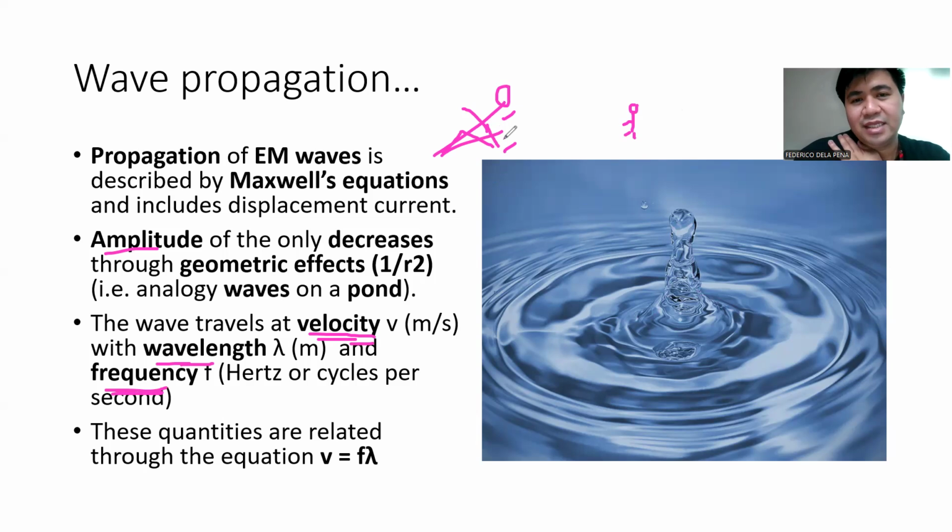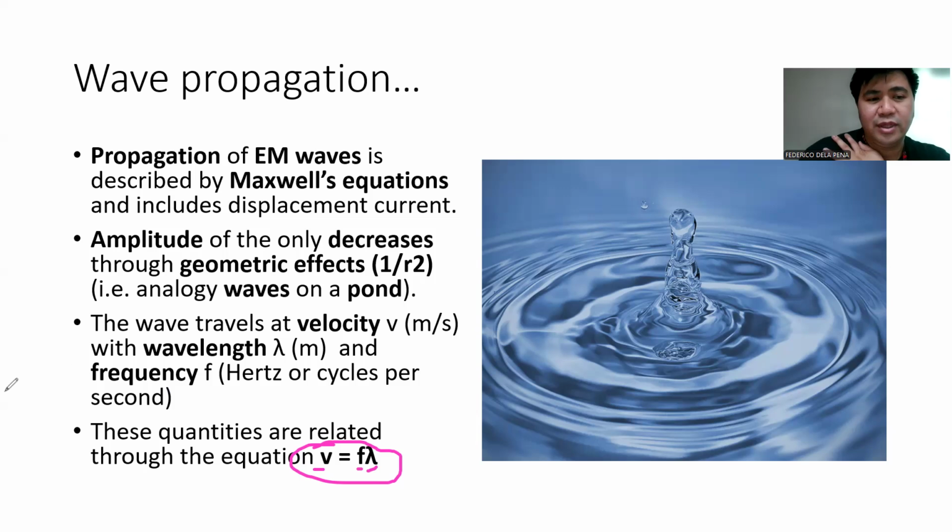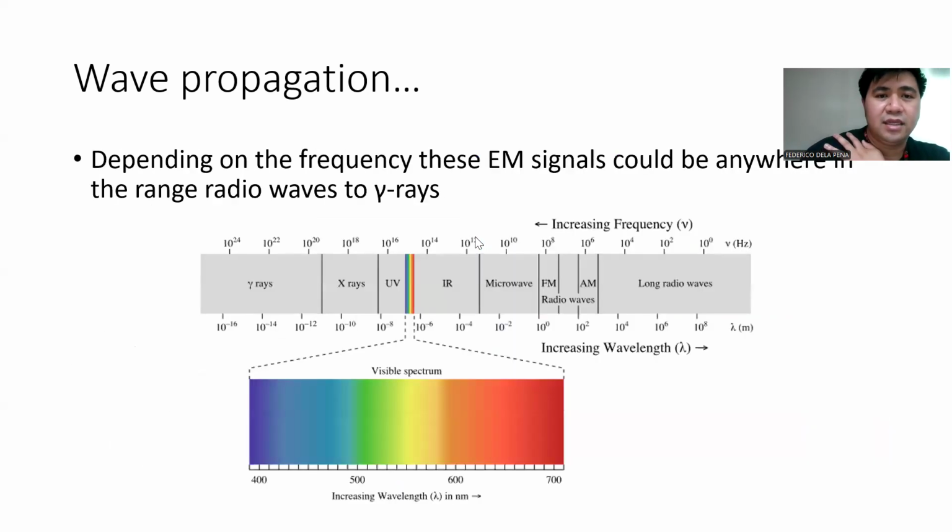And then the frequency is the number of steps you make per second, or the number of cycles you make per second. And this is the relationship between velocity, frequency, and wavelength. So just multiply your frequency with wavelength, you're gonna get the velocity.